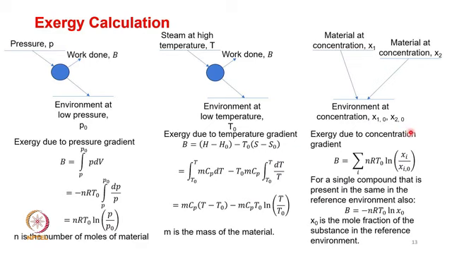So in this case, B, the variable for exergy calculation, is computed as nRT naught ln (x by x naught), where for a single component this is the same as the reference variable also, which would be B equal to minus nRT ln x naught. x naught is the mole fraction of the substance with respect to the reference environment. So these are the three expressions we typically use, and depending upon the scenario, we can choose one of these.